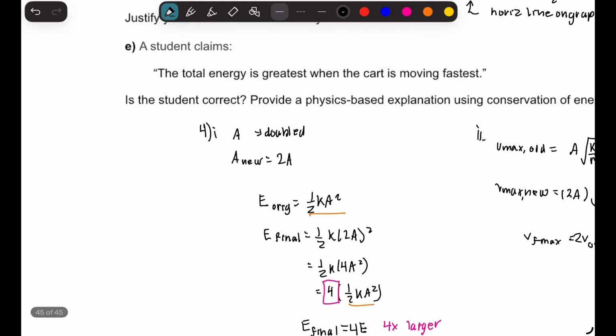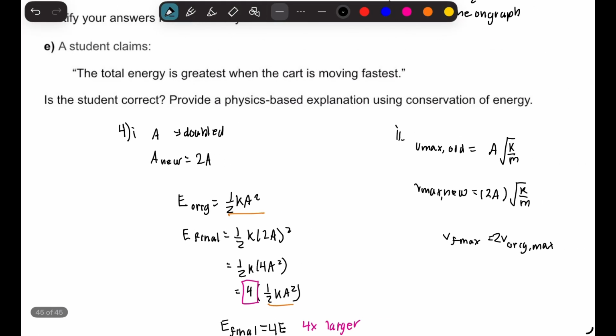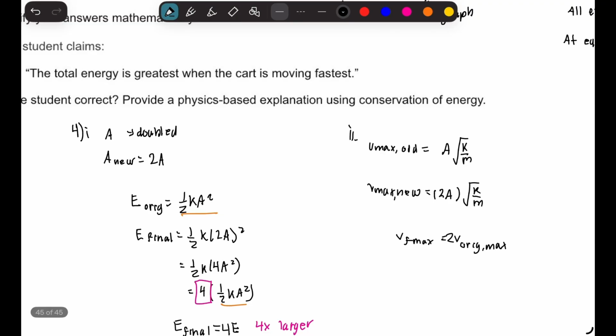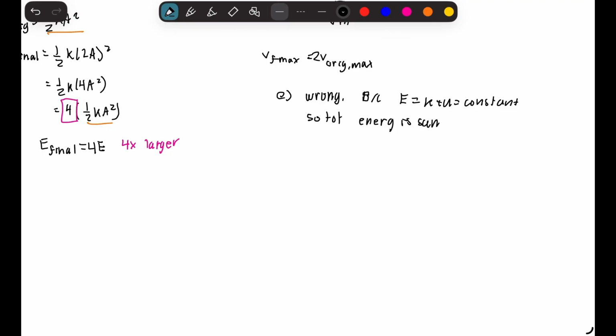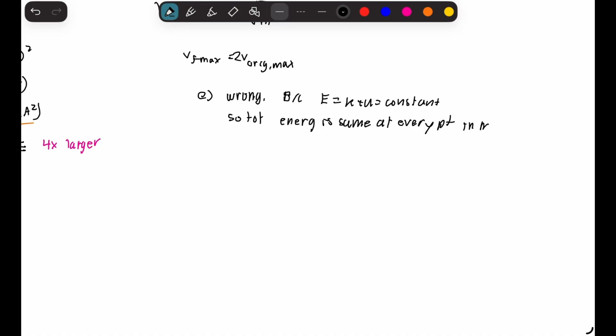The student claims the energy is greatest when the car is moving the fastest. Is the student correct? Provide a physics-based explanation using conservation of energy. The student is wrong, because, so let's test this out.